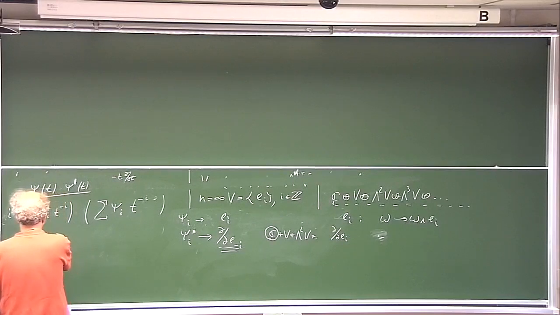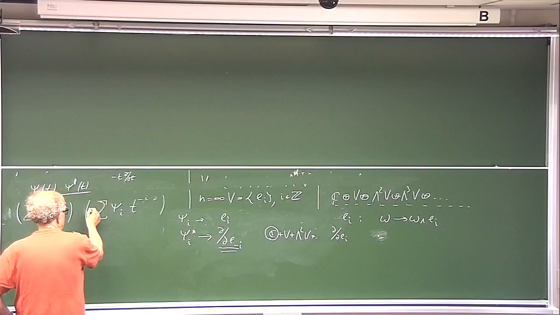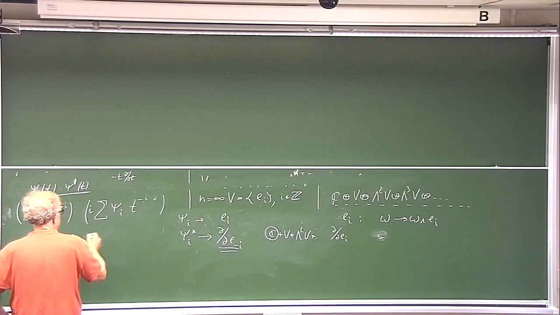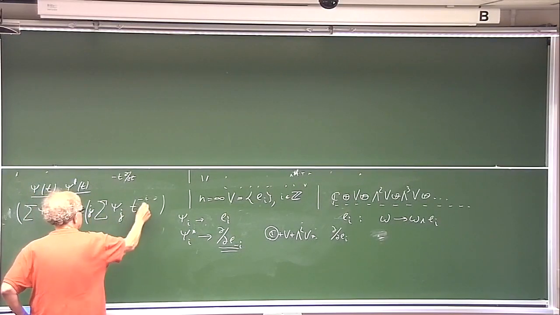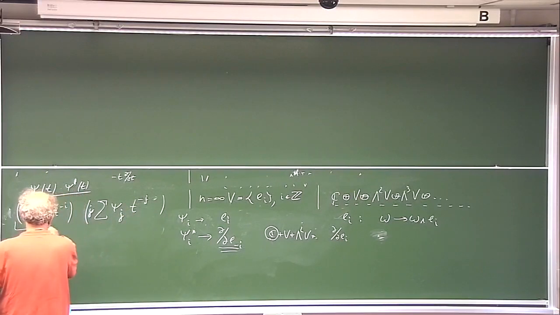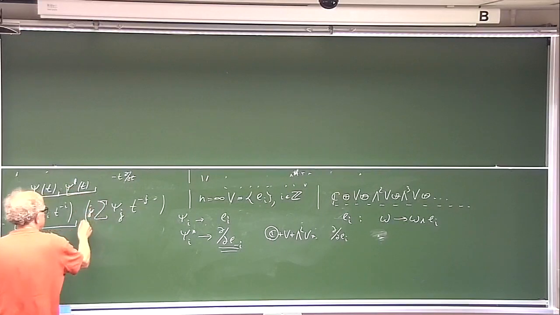Then first of all, it is i here in this case, or better to put j here and j here. So again, this is this, and this is this.